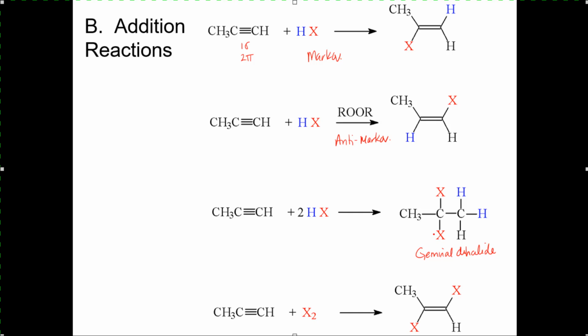And at that time I mentioned that the problem is that the geminal dihalide has to come from a triple bond, and this is how we would form it. So we would add two equivalents of HBr or HCl, and do the Markovnikov addition basically twice.